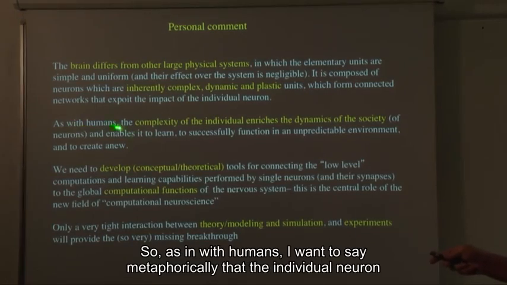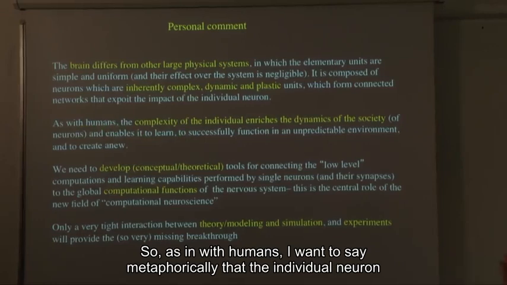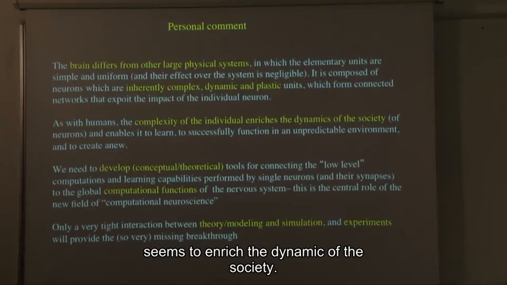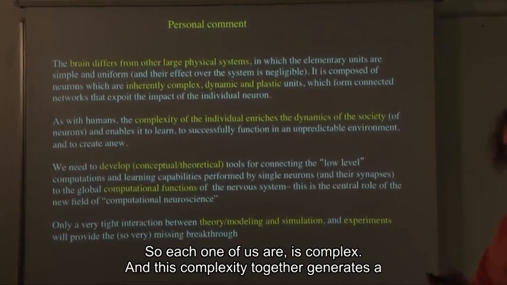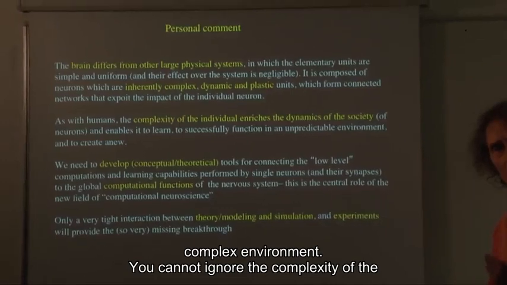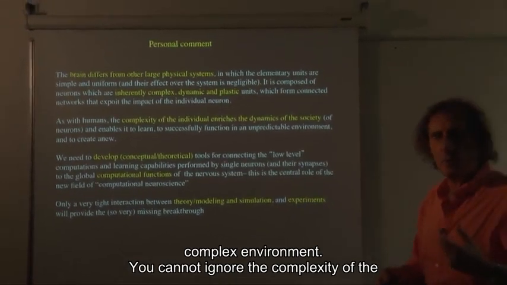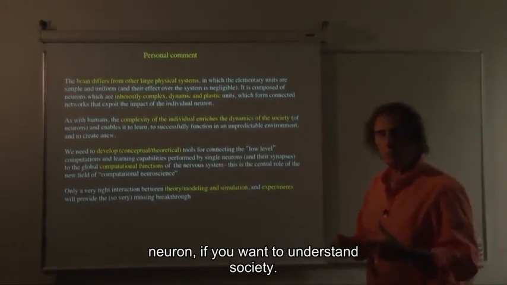So as with humans, I want to say metaphorically that the individual neuron seems to enrich the dynamic of the society. So each one of us is complex, and this complexity together generates a complex environment. You cannot ignore the complexity of the neuron if you want to understand society.